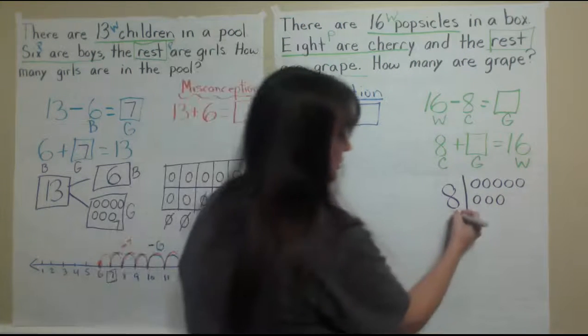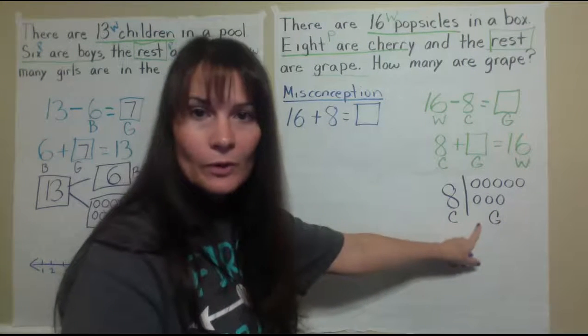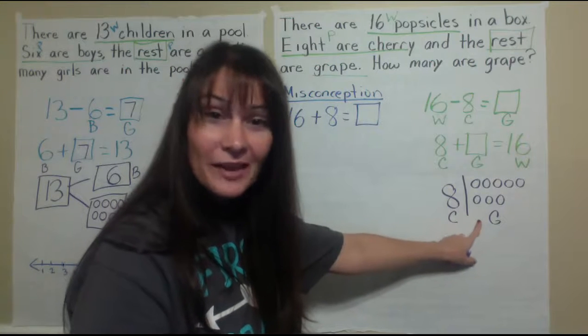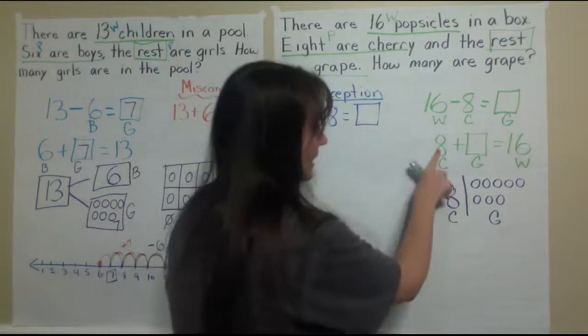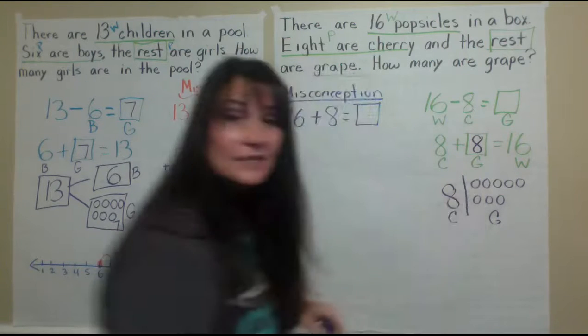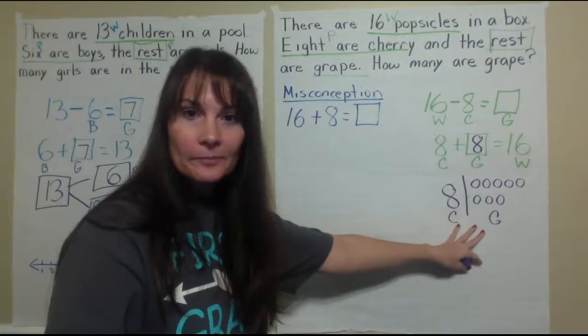If these are my cherry and these are my grape, how many grape were there? That's right, there were 8, because 8 plus 8 equals 16. That's a great way to solve this problem.